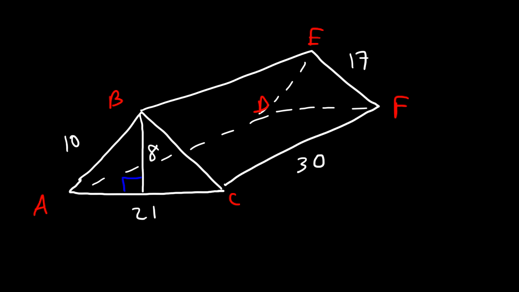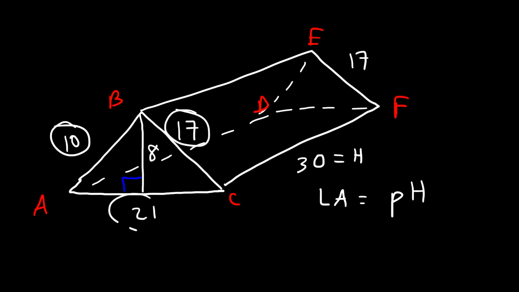Now, if you wish to calculate the lateral area, it's simply the perimeter of the base times the height of the prism. The height is 30. The base is the triangle, so the perimeter of the triangle is just the length of AB plus BC plus AC. So AB is 10, BC is the same as EF, that's 17, and AC is 21.